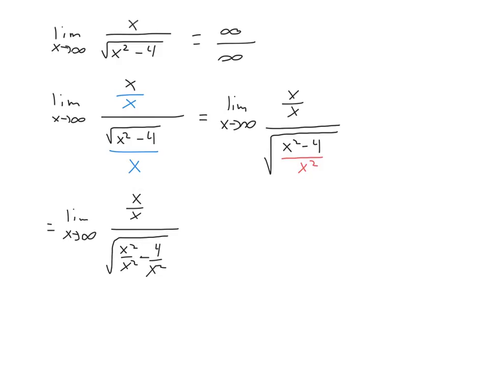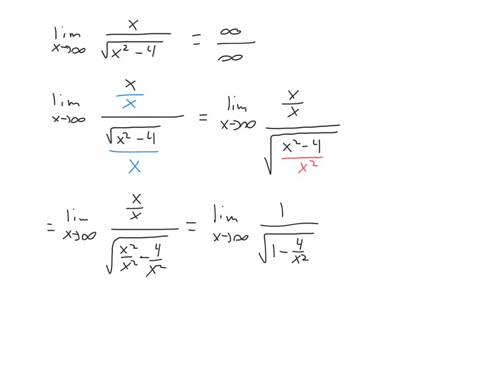And now when I simplify that, it's just the limit as x goes towards infinity of x over x, which is 1, over the square root of x squared over x squared, which is 1, minus 4 over x squared.